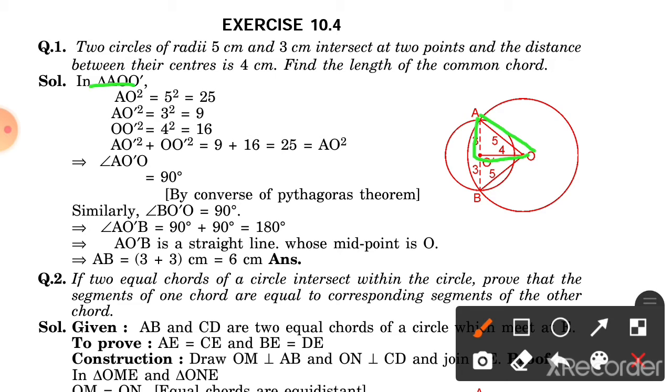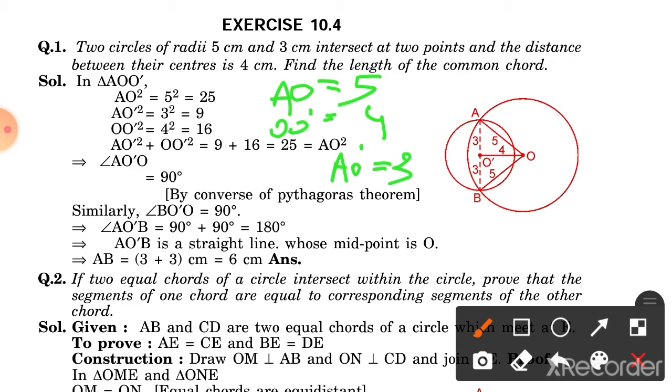The name of this triangle is triangle AOO dash. So AO is your radius, that is 5. Then OO dash, this is the distance between the two centers, that is 4. And AO dash, this is the radius of the second circle, that is 3 centimeter.